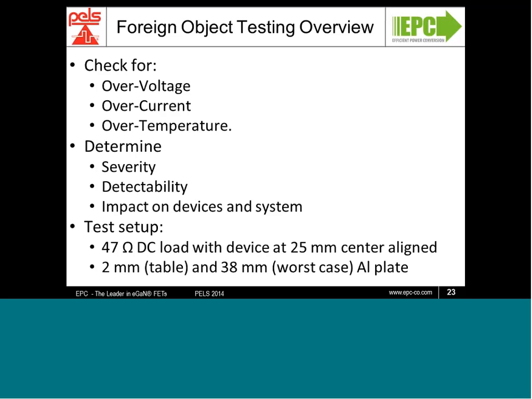And the second condition is we will place the aluminum plate approximately 1.5 inches, 38 millimeters above the source coil. And in this case, it yields a near perfect mirror image current in the aluminum plate that has the worst impact on the coil performance, and we will then determine what will happen with the amplifier.